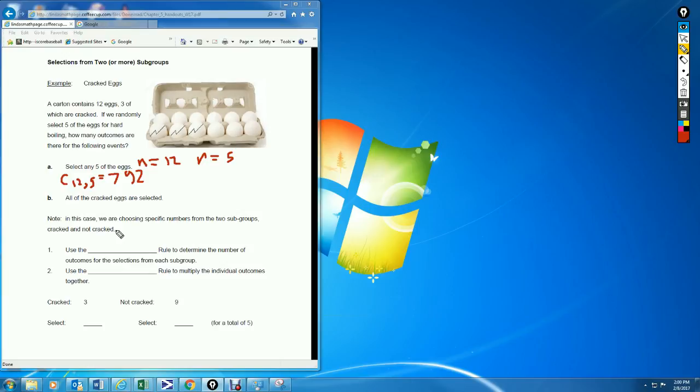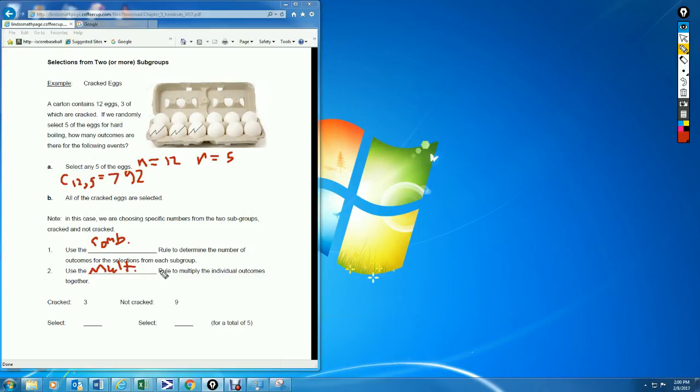So we are going to use the combinations rule to determine how many outcomes from each subgroup. And then we are going to use the multiplication rule to multiply the outcomes together.